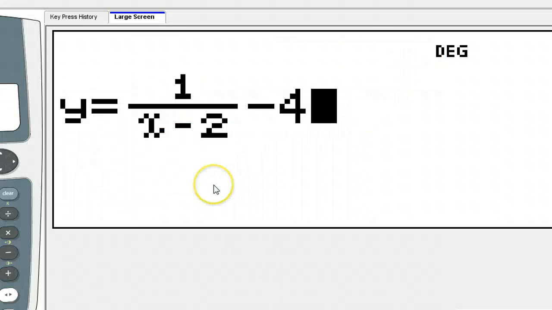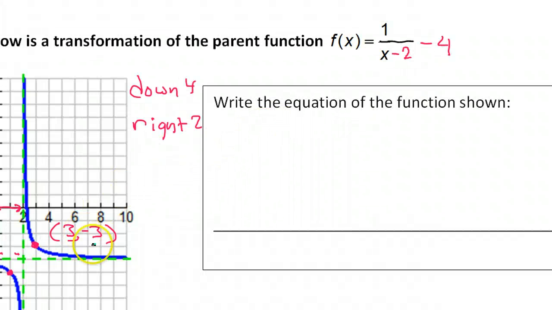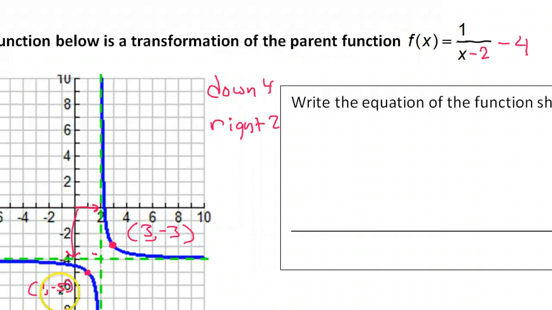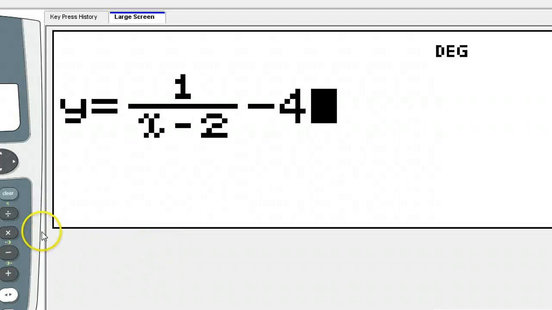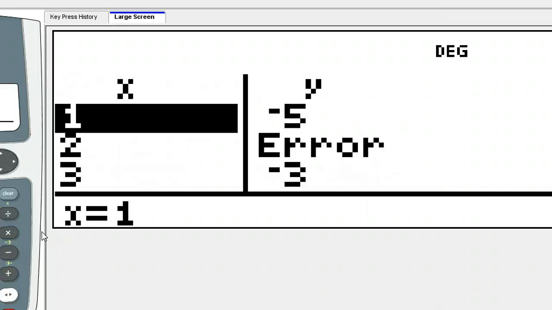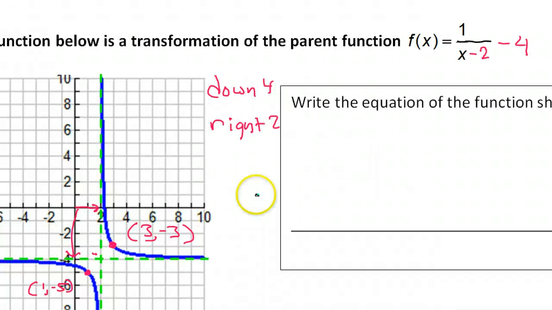Okay, and I want to see, for example, do I have the point 1, -5? Do I have 3, -3? So hit enter. Might as well start off at the point 1. Okay, 1, -5 and 3, -3.